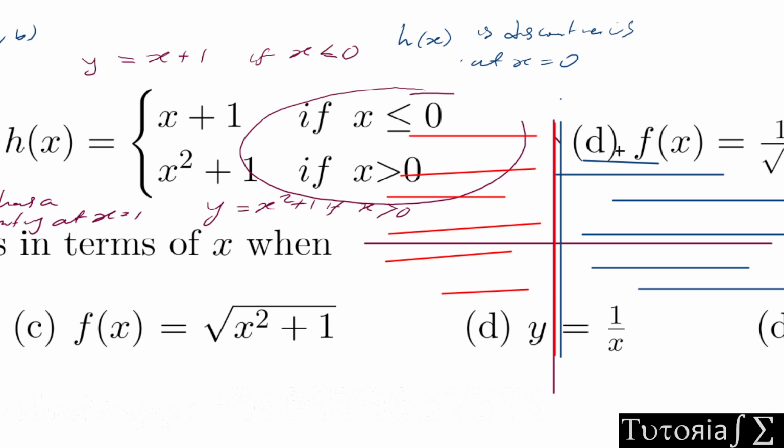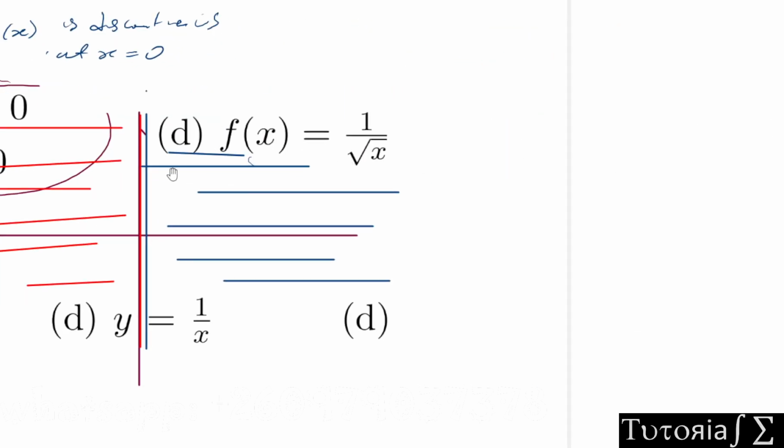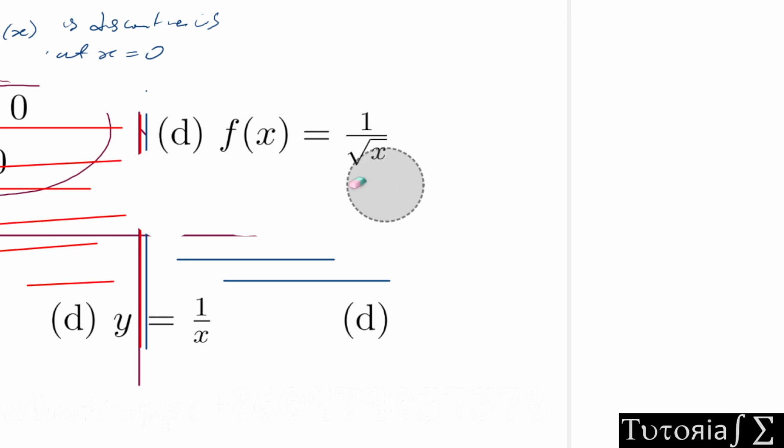All right, so we move on to D there. For D, this one is a straightforward question. Okay, so for D, we see that when we equate root of x to 0, we see that x is equal to 0.